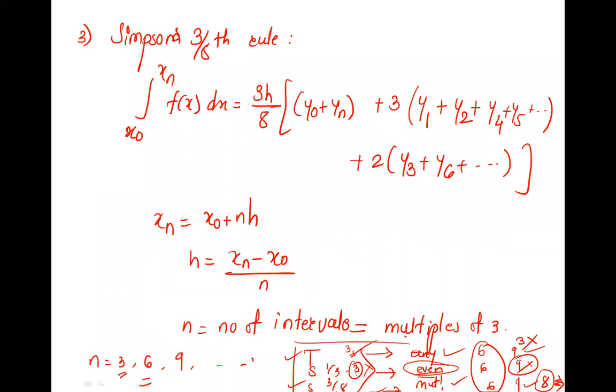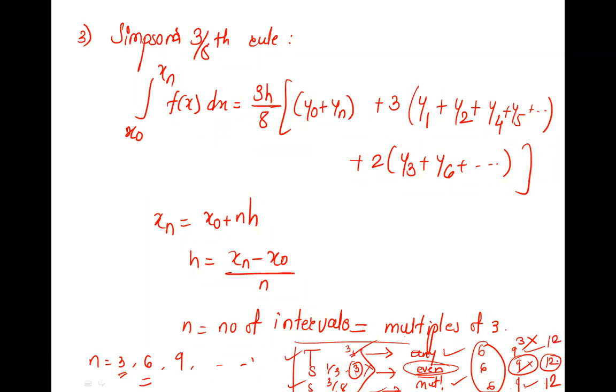So 3/8 can only be solved if n is a multiple of 3. So any number which is a multiple of 3 we can solve. So the next number we can solve by Simpson's 3/8 will be 12, which is a multiple of 3. And if it is 12 here, can we solve Simpson's 1/3? Yes, it is even.